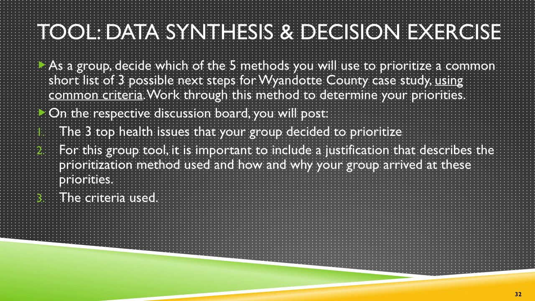For this group tool, it's important, again, like the other group tool in Module 2, to include a justification that describes the prioritization method used and how and why your group arrived at these priorities, as well as the criteria that you used.